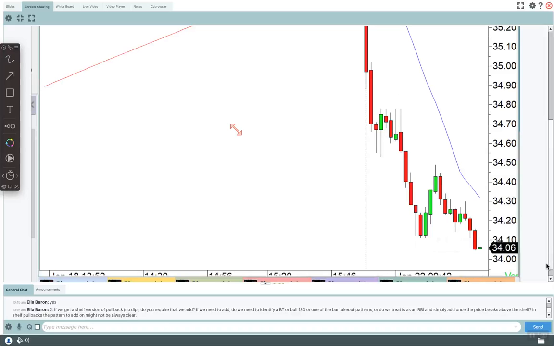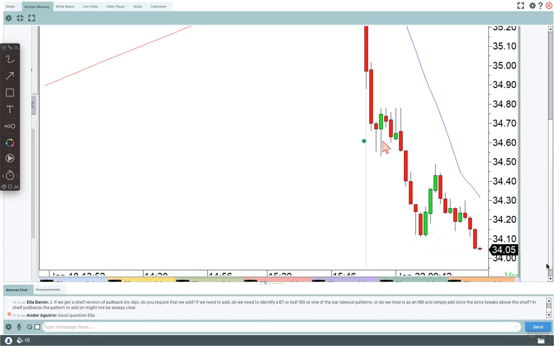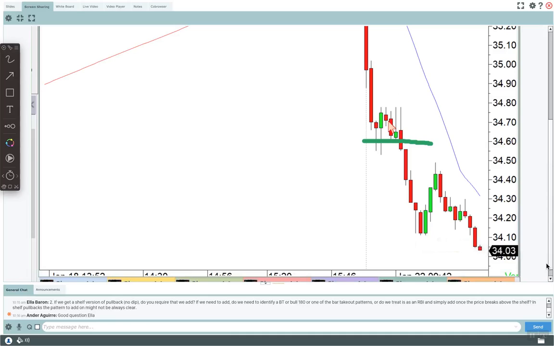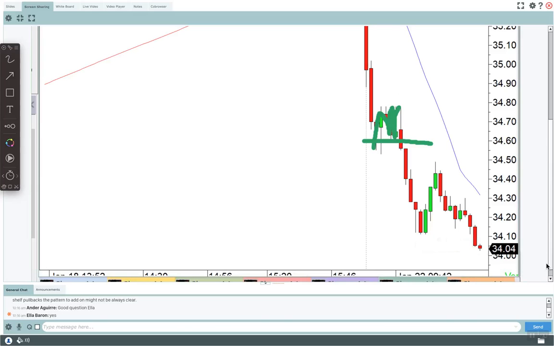So, for instance, here's something like a shelf version, where you didn't get the bounce really, but you got the sideways movement. Look at the sideways movement here. It doesn't look like it, but think about the tails as being up moves. One, then back down, then back up, then back down, then back up, this tail, then back down. So you got this sideways movement, and you can short the breakout of that.